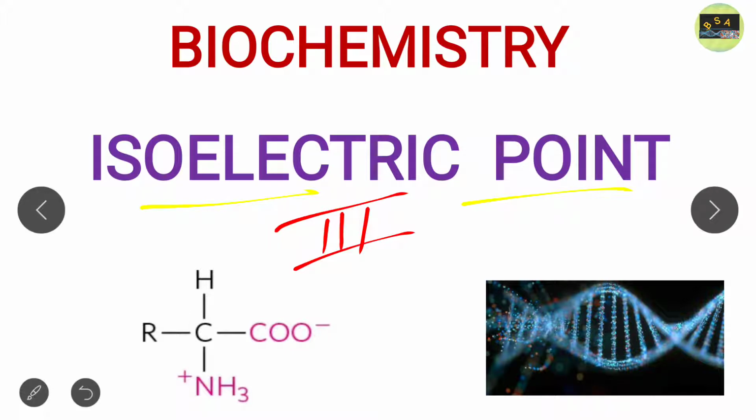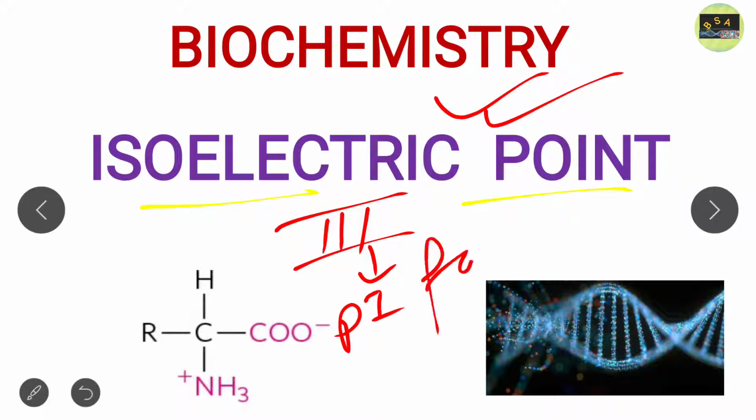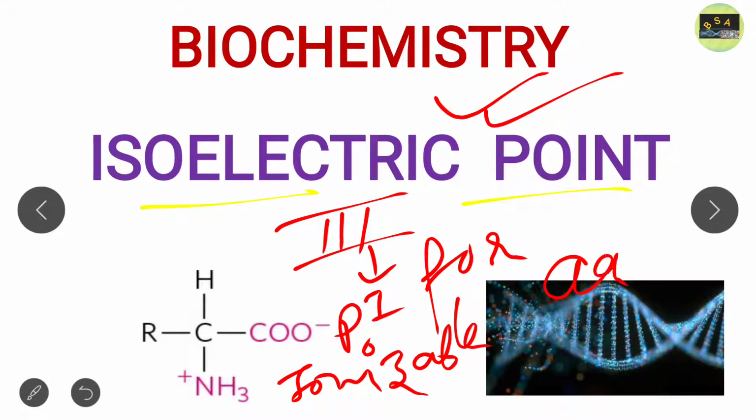And in today's lecture we will see how to calculate the pI, or isoelectric point, for ionizable amino acids. Clear now? So let's start today's lecture.